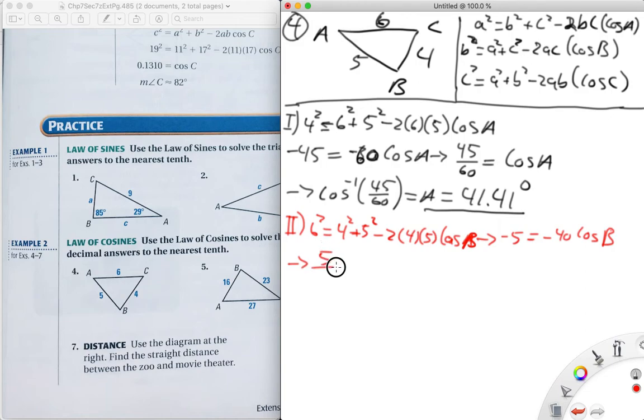Again, I'm not going to simplify, I know it's 1/8, equals cosine of B. I'm going to inverse cosine both sides.